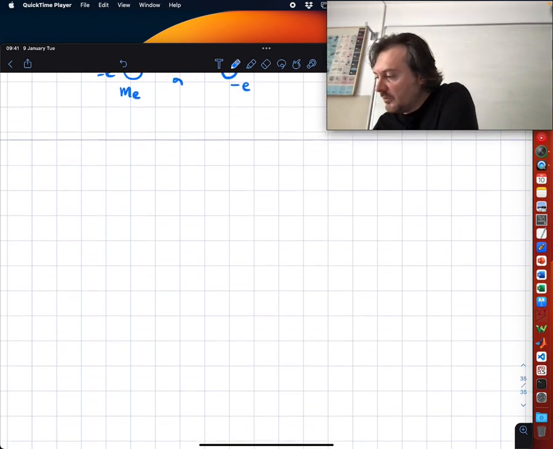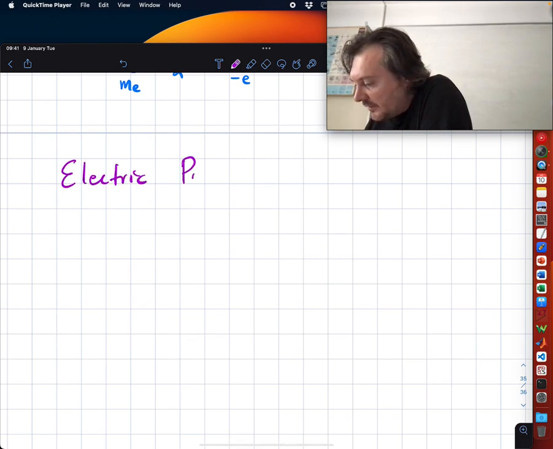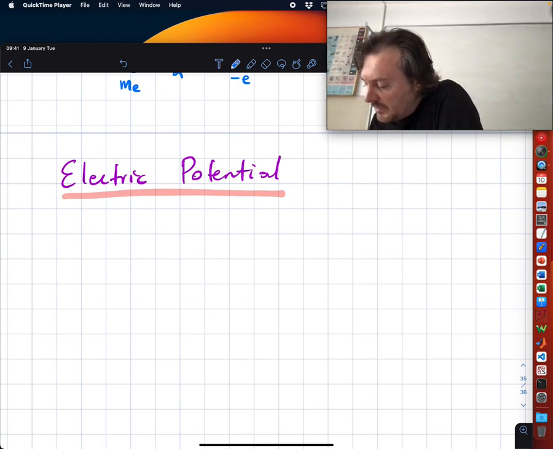Let me just mention to you electric potential. It doesn't have energy in it. Just electric potential. Okay? So, just as we defined electric field as force divided by test charge, here we are going to define something called potential, and it is basically potential energy divided by charge.